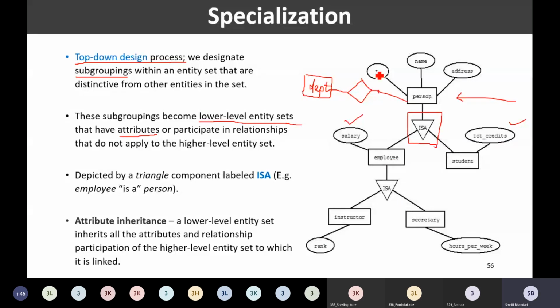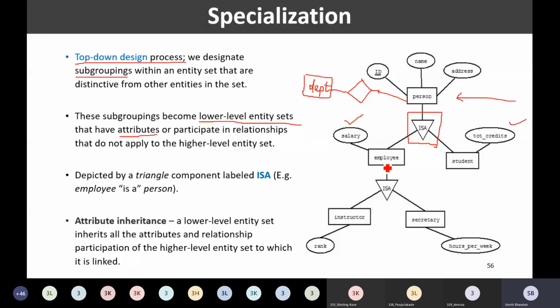So what do I mean by that now? This means that employee is inheriting all the attributes of person, and employee has its own attribute salary. If I have one more lower level entity set under employee, instructor may have its own attribute.